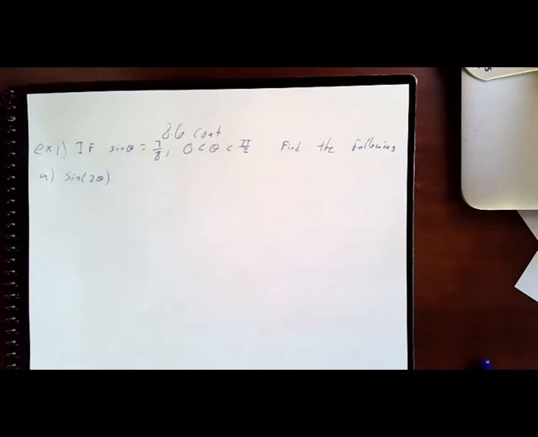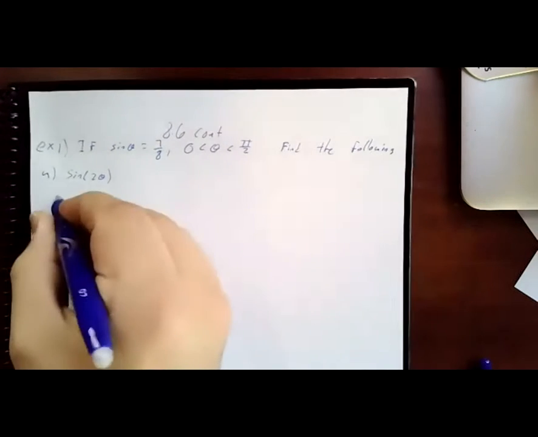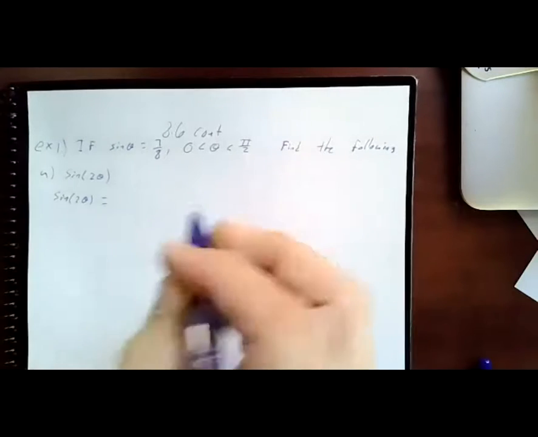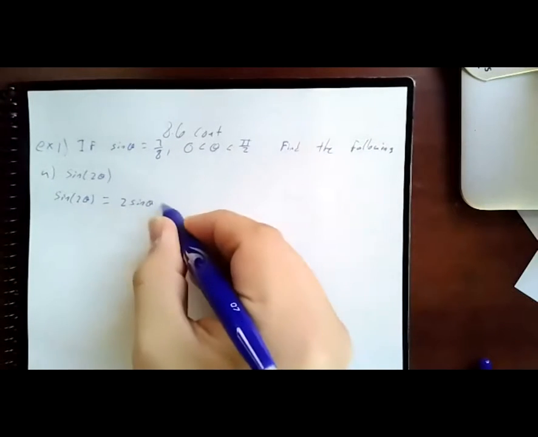Since the sine of 2 theta formula doesn't have a plus or minus, you don't have to worry about signs. We're just going to use the formula. Based on the first double angle formula, sine 2 theta is going to be 2 sine theta cosine theta.